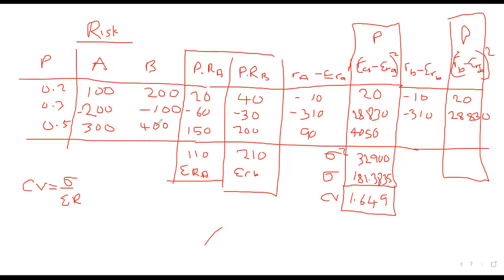We have 400 minus 210, what do we get? 190.